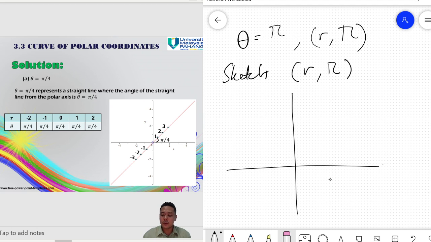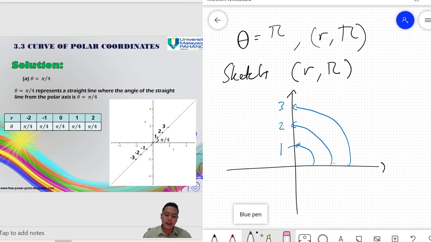So you happen to know that pi, the angle from the horizontal axis up until pi, will be here. So why I said the r can be arbitrary? So if I sketch this will be 1. So for example, this is 2 and this is 3. So actually, if the angle is fixed, then it will be a straight line here, such that the angle, oh no, this is pi, so pi is 180 here.